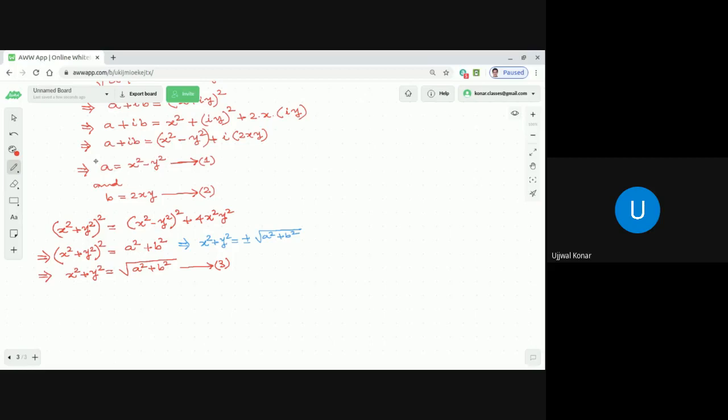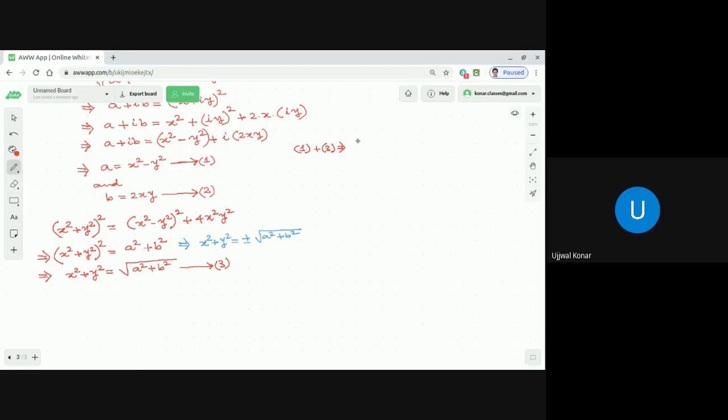Let us focus on equation 1, which is x square minus y square equal to a, and equation 3, that is x square plus y square equal to root over of a square plus b square. Now if we add both sides of equation 1 and equation 3, what are we going to get?